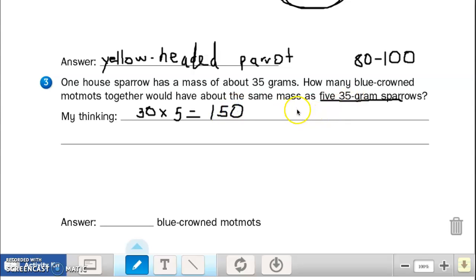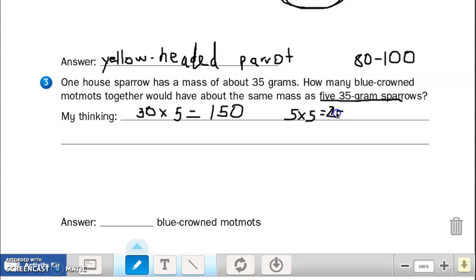And then 5 times 5, because we split 35 into 30 and 5. 5 times 5 is 25.